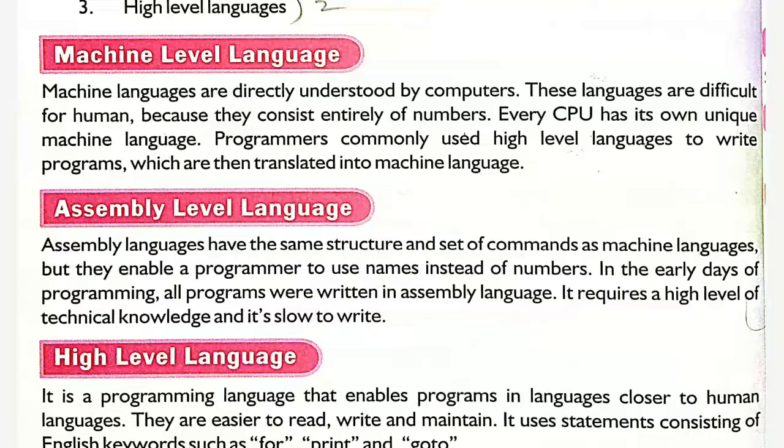Okay, so here you can see that next level language is assembly level language. So it is also similar to machine level language, but it is not that complicated. But you can see that it has given some names for codes. Okay, so if you want to add, you can use the code add.